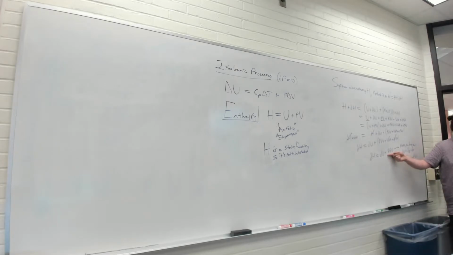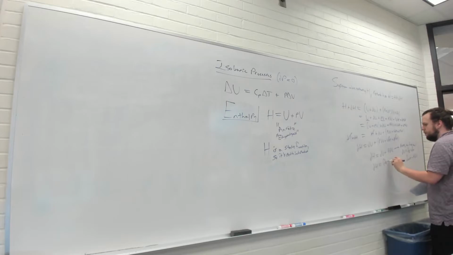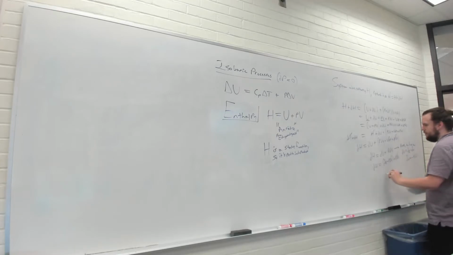It cancels out. So we're left with dq, the change in heat, minus PdV, that's the total change in energy, plus PdV. These cancel out. Enthalpy is just a change in heat.